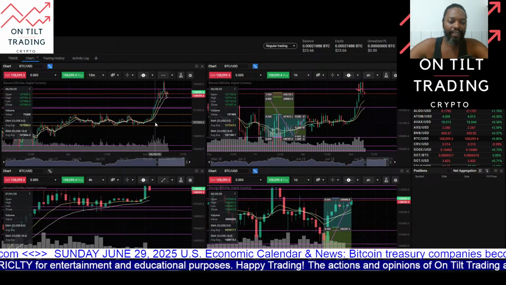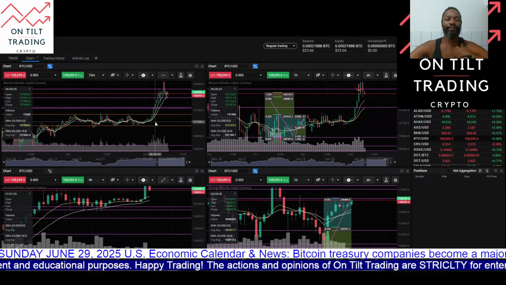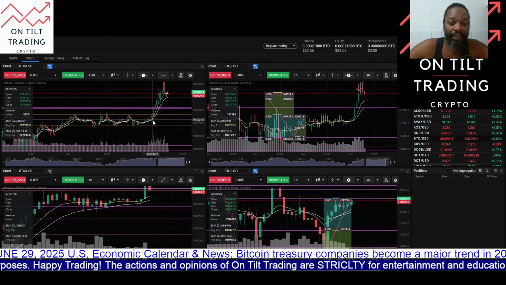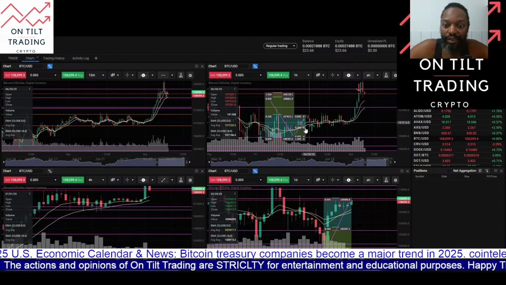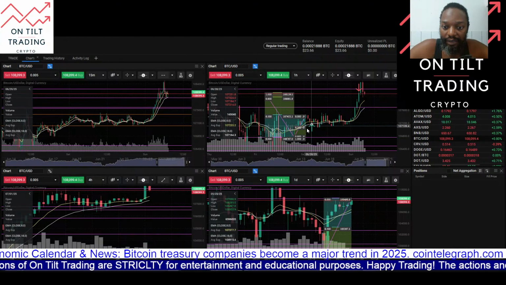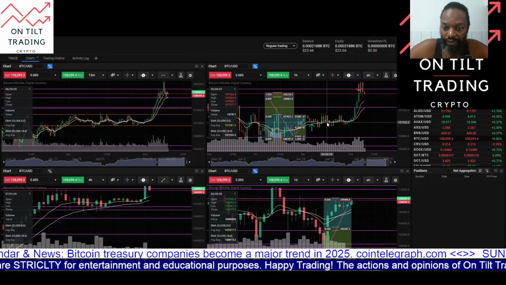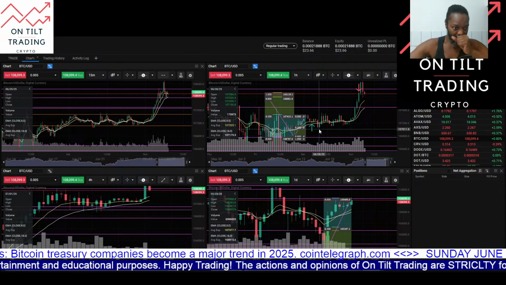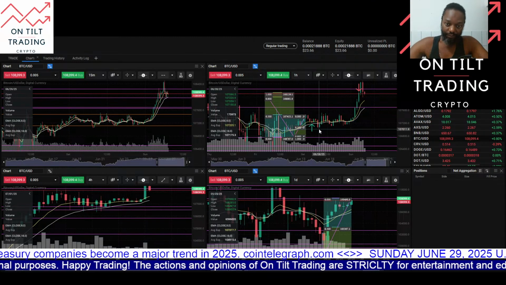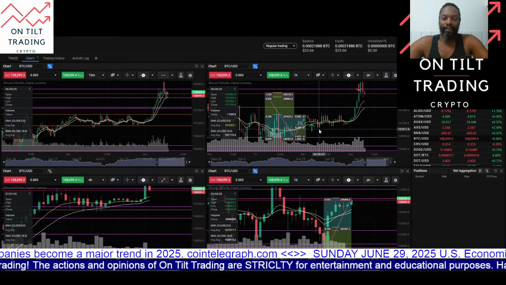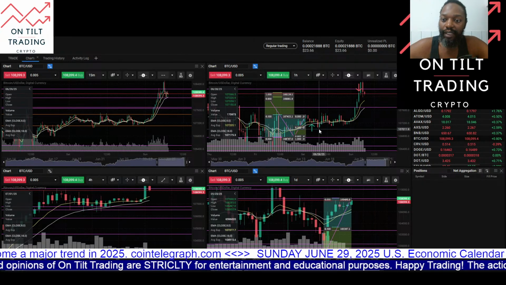Nothing looks to be setting up today, or at least nothing else seems to be setting up today. This was a swing position here since I took it off of the 60-minute chart on this crossover. So I was just anticipating this trade to transpire within like 24 hours.